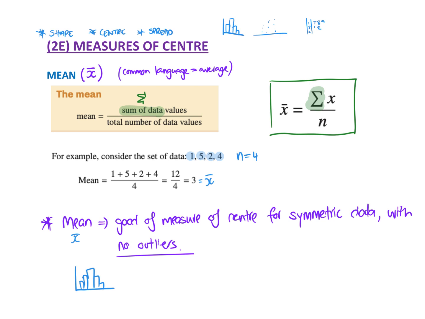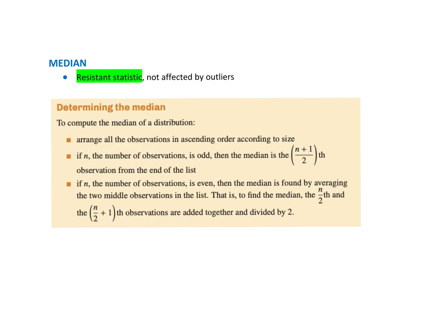All right. So another measure of center is the median, and here it is highlighted as a resistant statistic, not affected by outliers. So the median is a little bit different. The median is when you arrange all the numbers from smallest to largest.